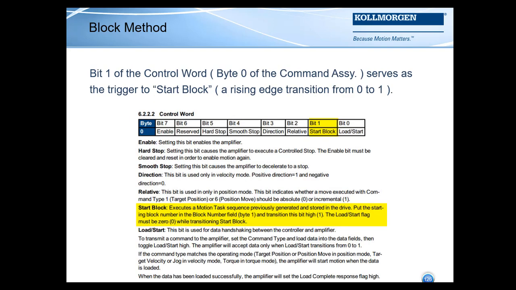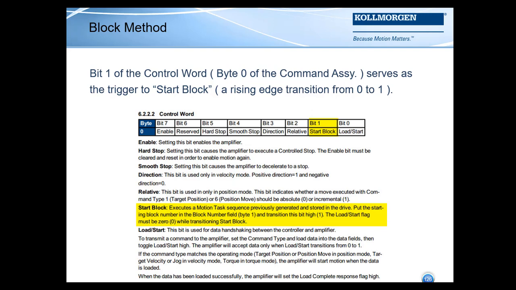number. In the screenshot from the AKD Ethernet IP communications manual below, it shows that bit 1 of the control word, which is byte 0 of the command assembly, serves as the trigger to start block, where a rising edge transition from 0 to 1 causes the execution to start.